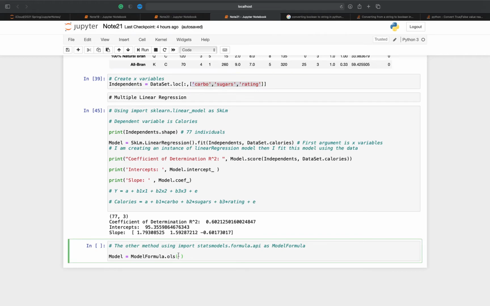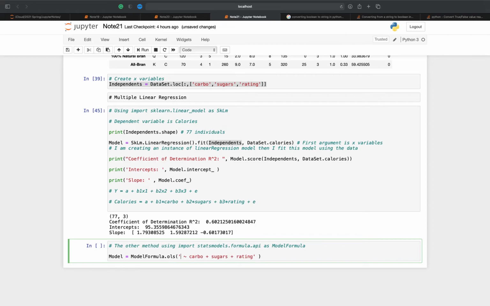Okay, so in OLS, we don't need to create independent variables the way I did here. So what we do, I'm going to show you now. I'm going to add all these on the right side of the tilde.